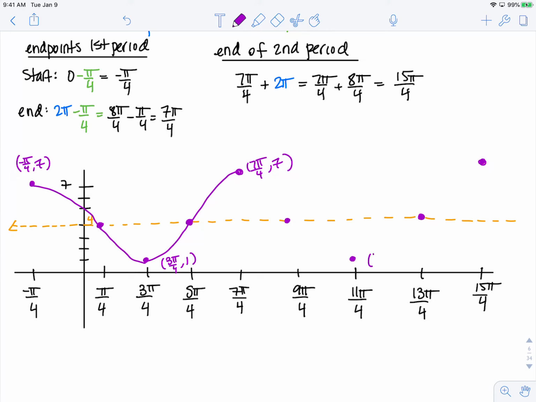So this point is 11 pi over 4, 1. This is 15 pi over 4, 7. And our curve for my second period goes through here. This is not drawn to scale.